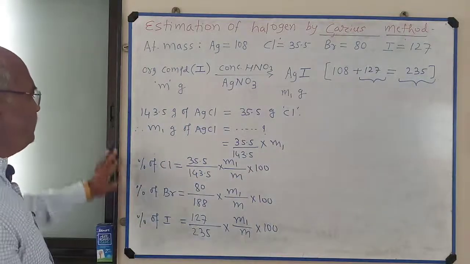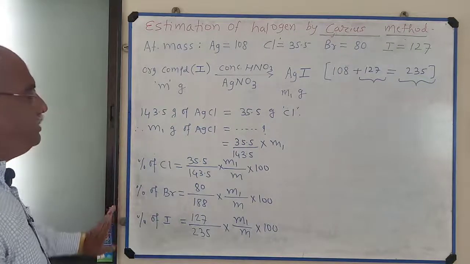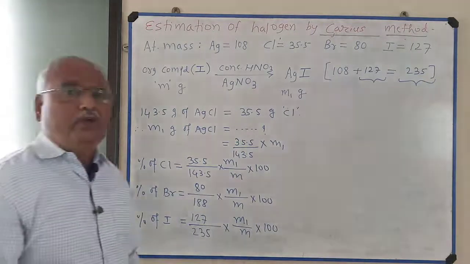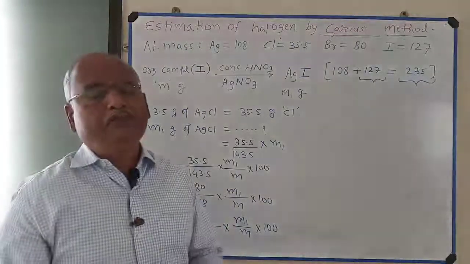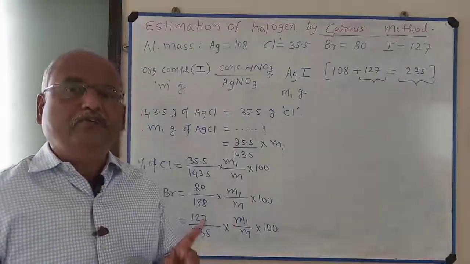So by using these three formulas, we can calculate the percentage of chlorine, bromine and iodine.